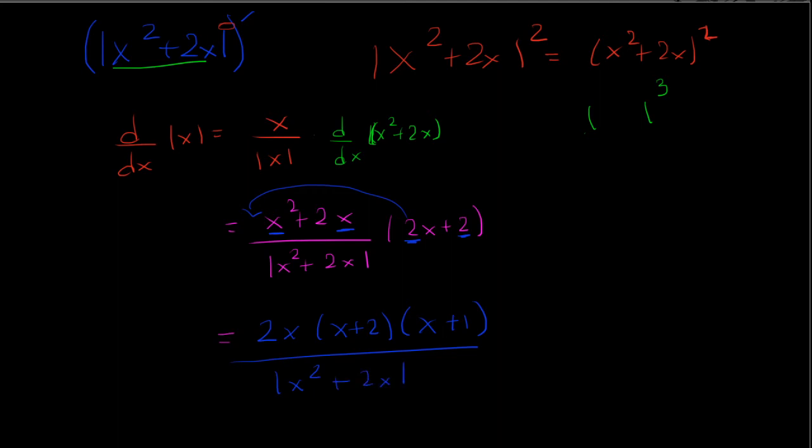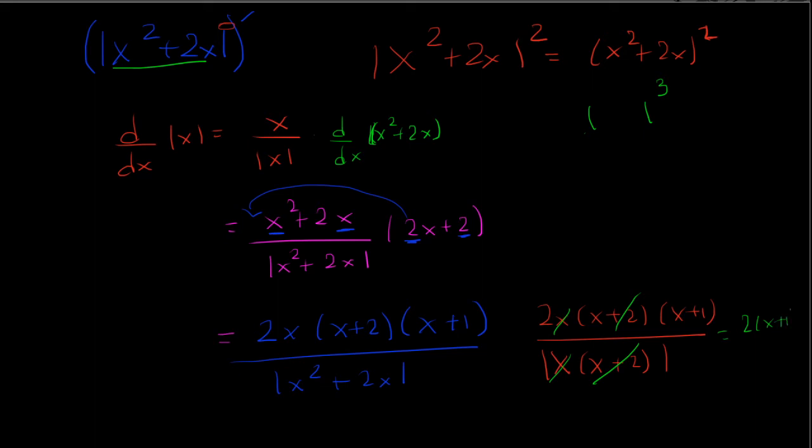Okay. So you may be tempted to factor it out. So you may say, okay, well, that's just x over x plus 2. And then you have your 2x, x plus 2, and x plus 1. And say, okay, well, I can cancel out the x's and the x plus 2, so I'm just left with 2 times x plus 1.